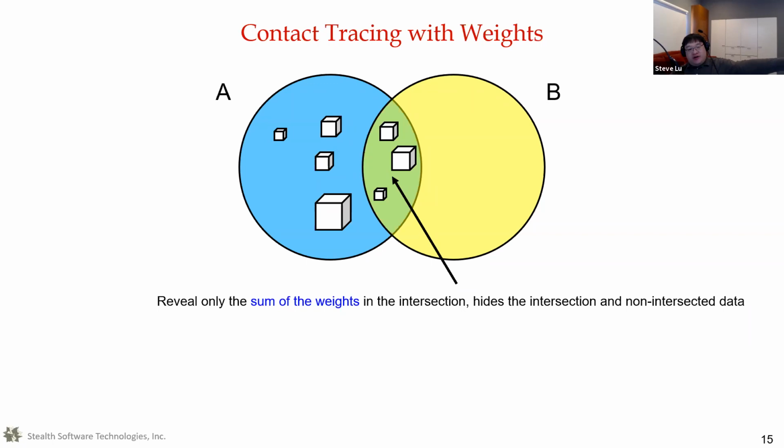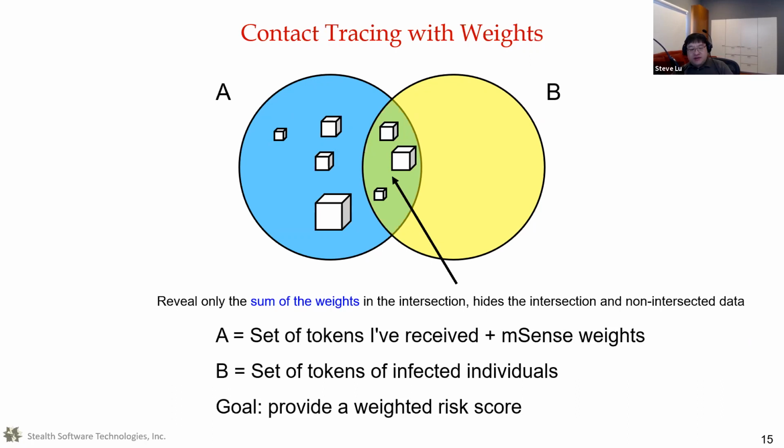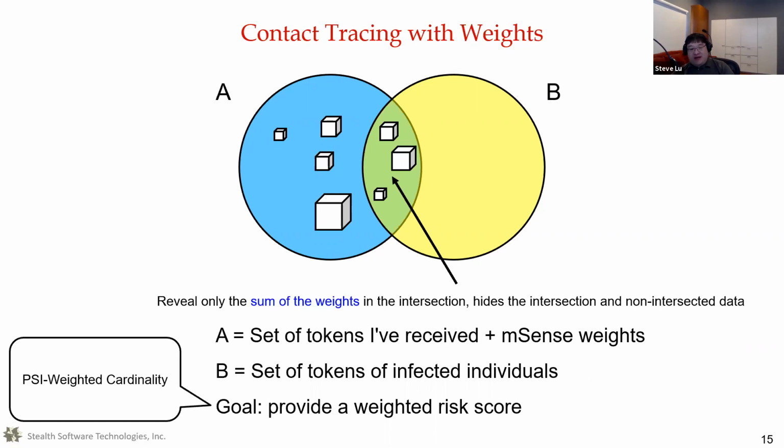Now when I receive a token, I can also tack onto that token some additional context, and can view this as a number, for example. And so when I actually want to do my contact tracing, I want to get the sum of the weights in the intersection, and not just the count of how many things are in the intersection. This is a richer thing that you can do for contact tracing, where on the phone it's the set of tokens I received along with weights, and on the server side it's the set of tokens of affected individuals. So the goal is to provide a weighted risk score, and that's exactly what PSI weighted cardinality does.